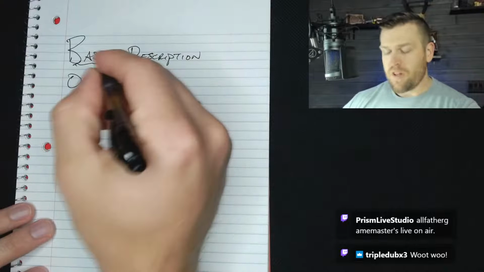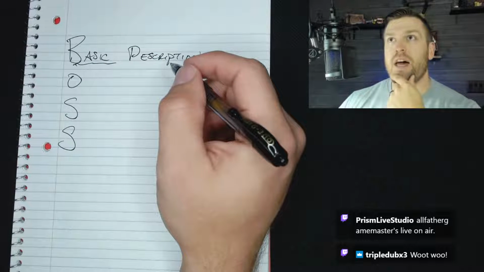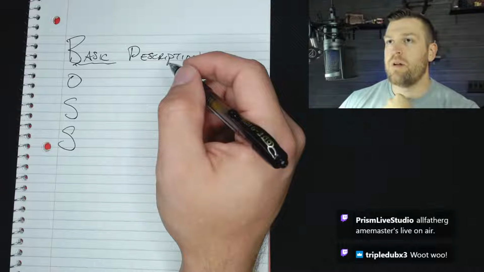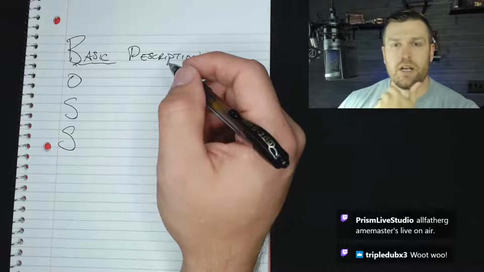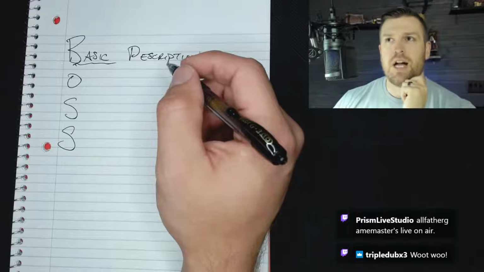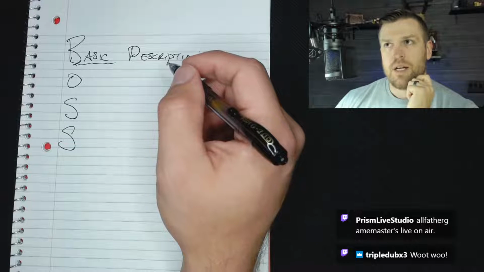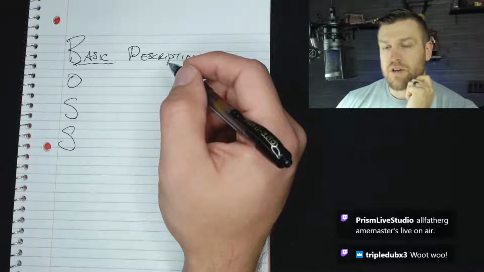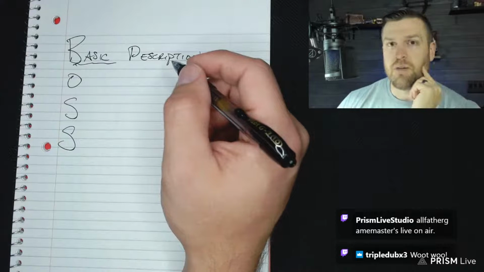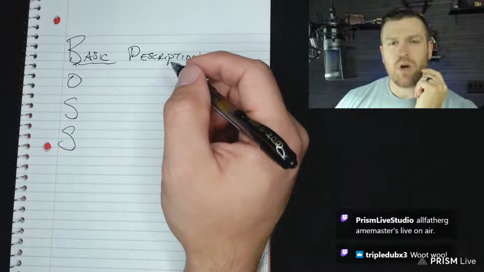So, for the basic description, think of it this way: what's a great villain? Darth Vader, right? Just a really good, solid villain. If you were to describe Darth Vader to somebody that didn't know him, introducing him for the first time, what would you describe most?